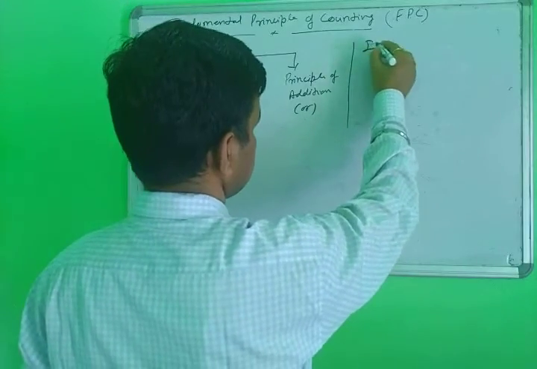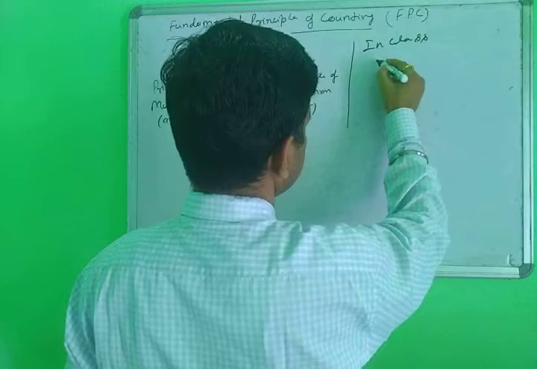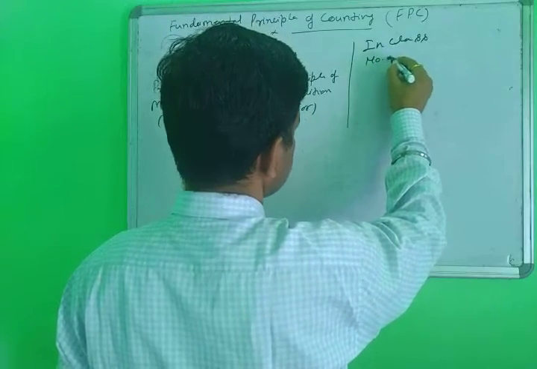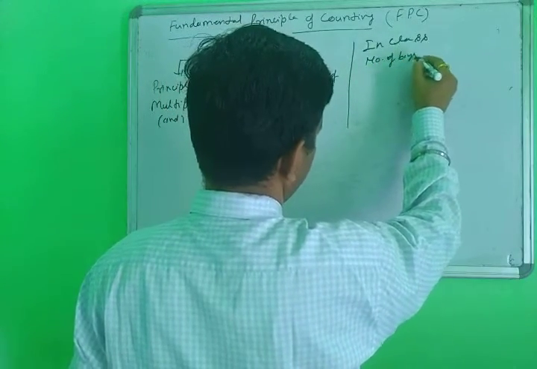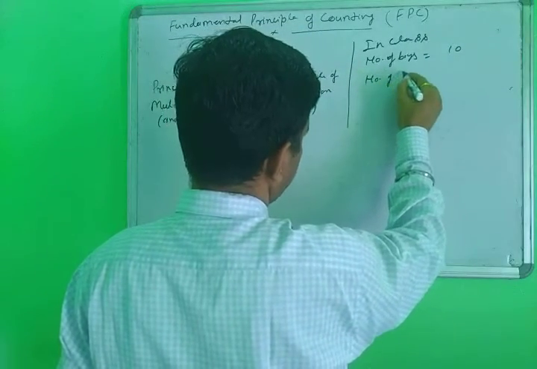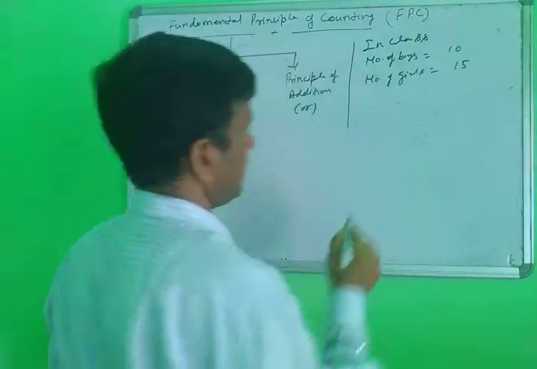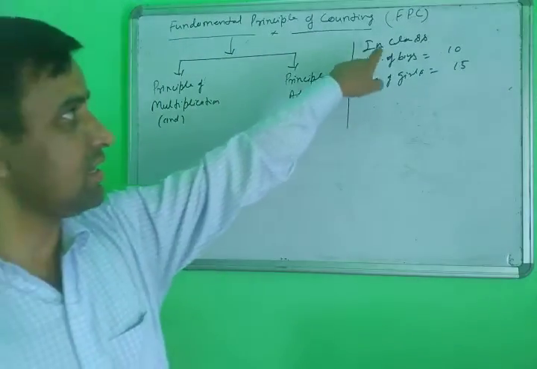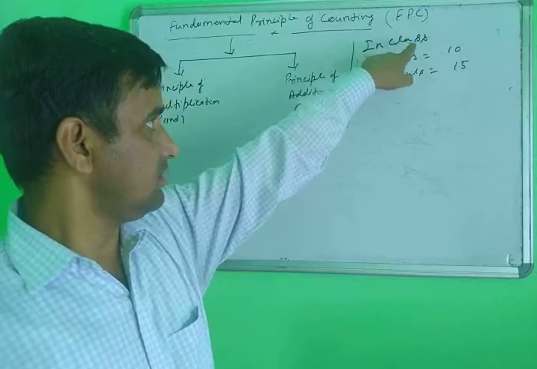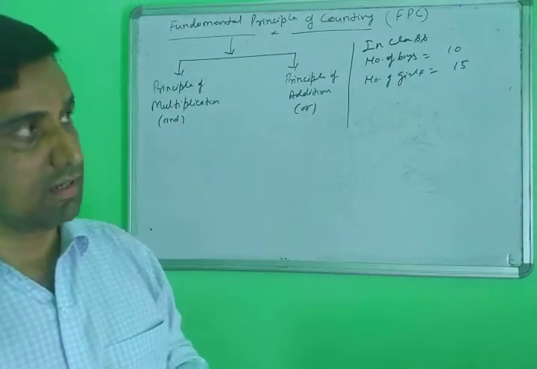For example, in a class the number of boys is 10 and the number of girls is 15.